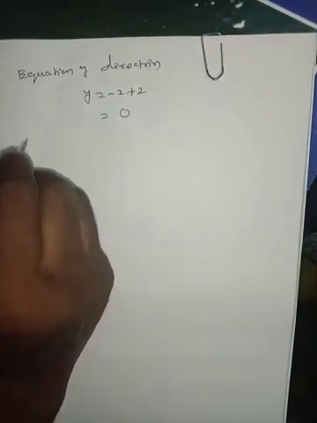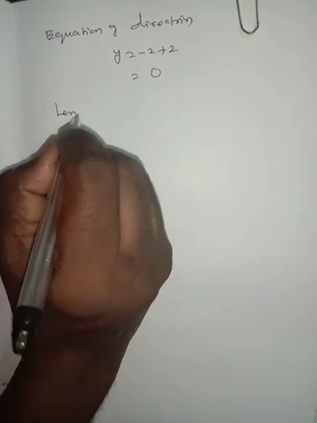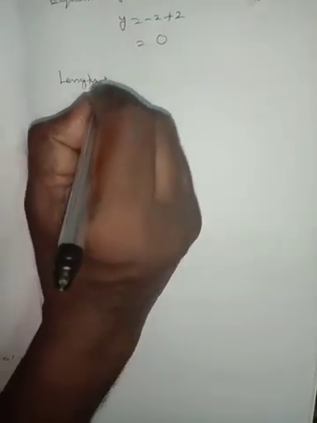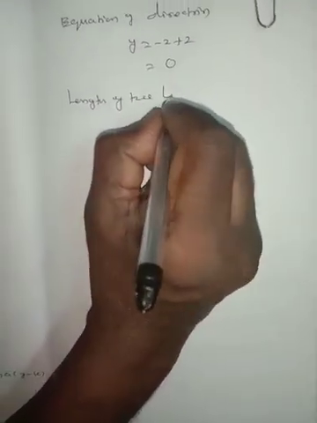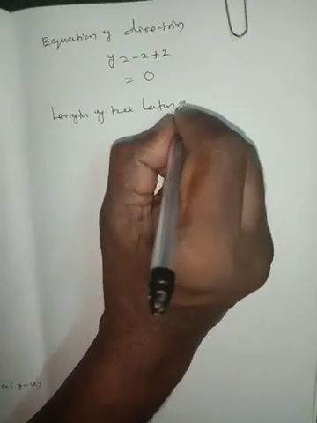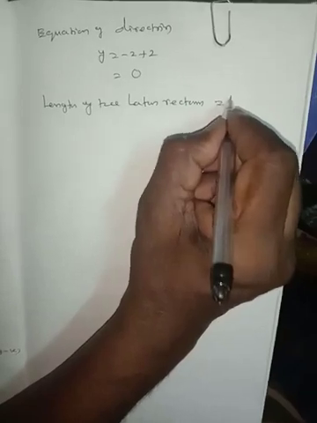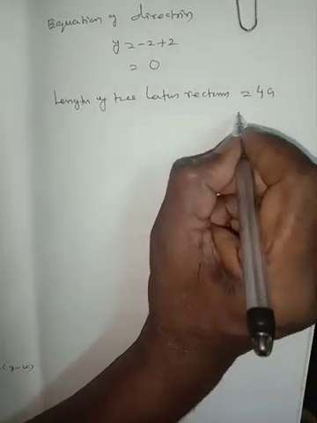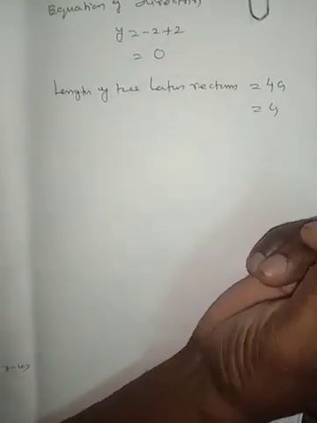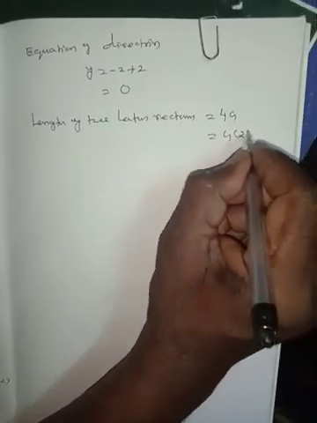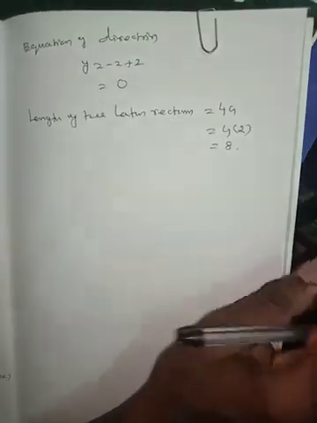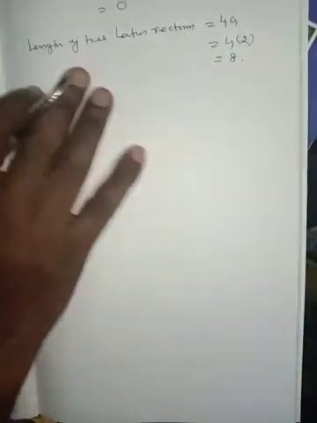Length of the latus rectum is equal to 4a. Formula 4 into a, which in this case is 2, 4 twos are 8. This is the length of the latus rectum.